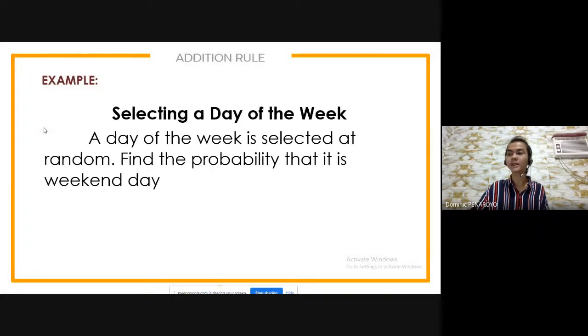Okay, so let's have an example. Selecting a day of the week. A day of the week is selected at random. Find the probability that it is a weekend day. First we need to know the cardinality of the sample space.